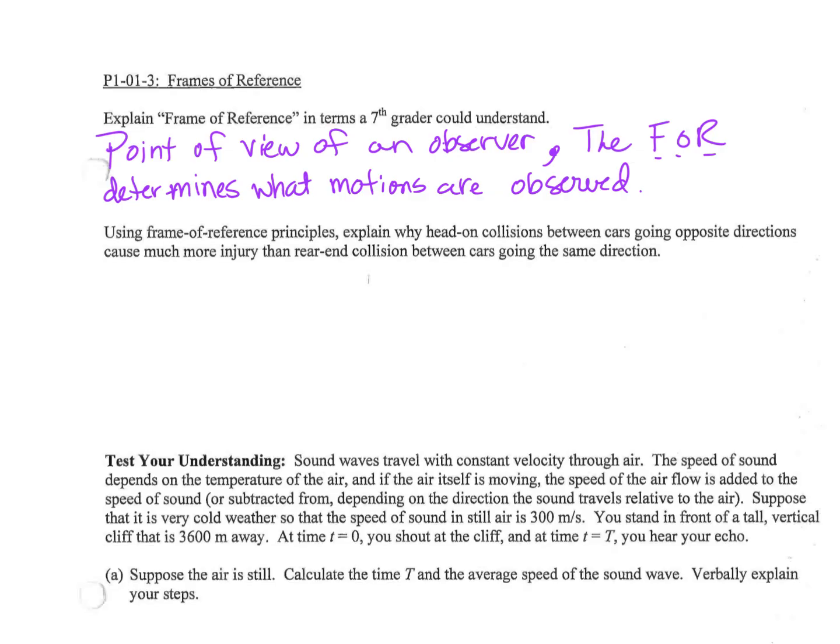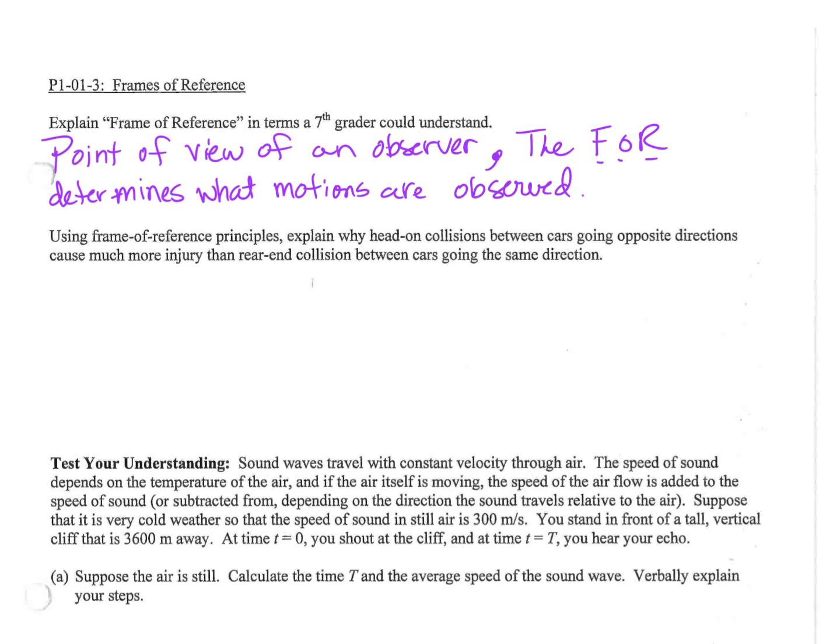All right, and I want you to think about this. I want you to think about what it looks like from different points of view. In other words, if you're driving in a car and you drop a ball as you go by into a bucket, what does it look like to you?